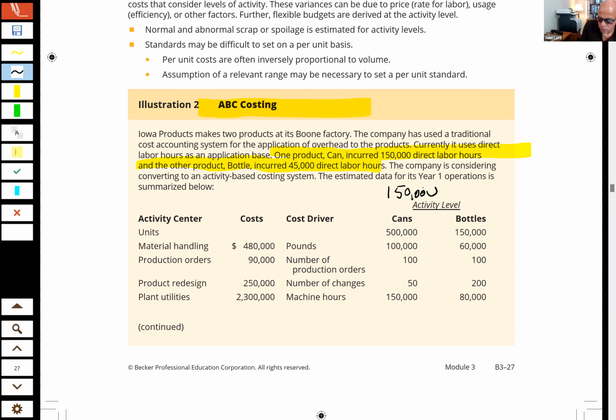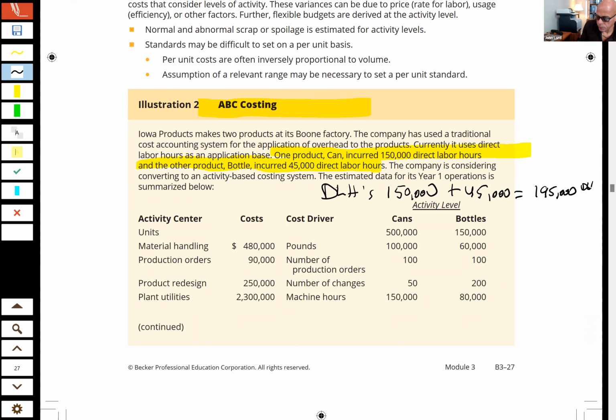So we end up with a total of 195,000 direct labor hours being used.